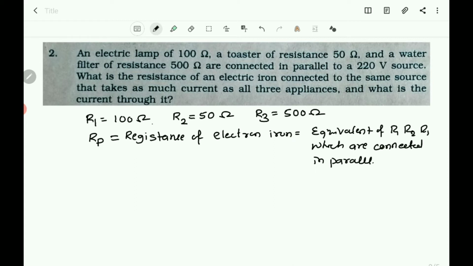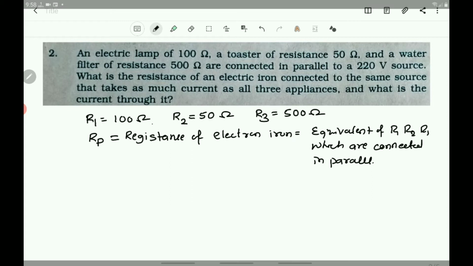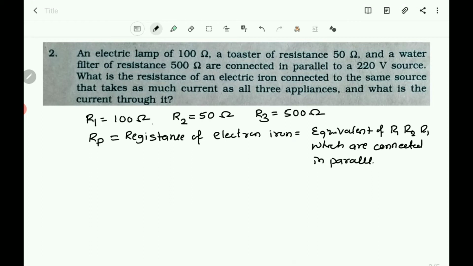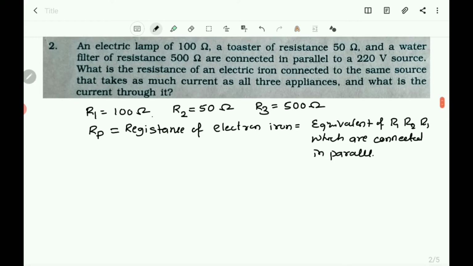So if you find the equivalent resistance of R1, R2 and R3, that becomes the resistance of the electric iron box. So first you find the equivalent resistance.